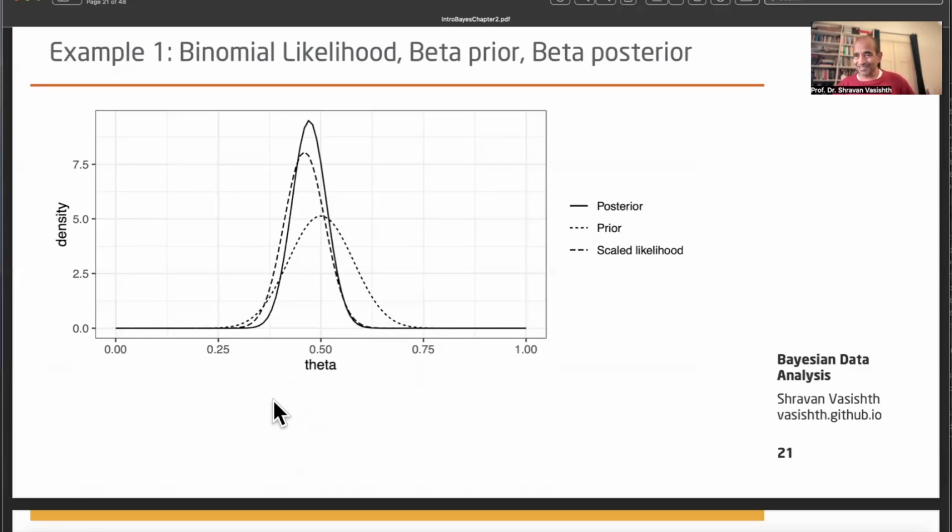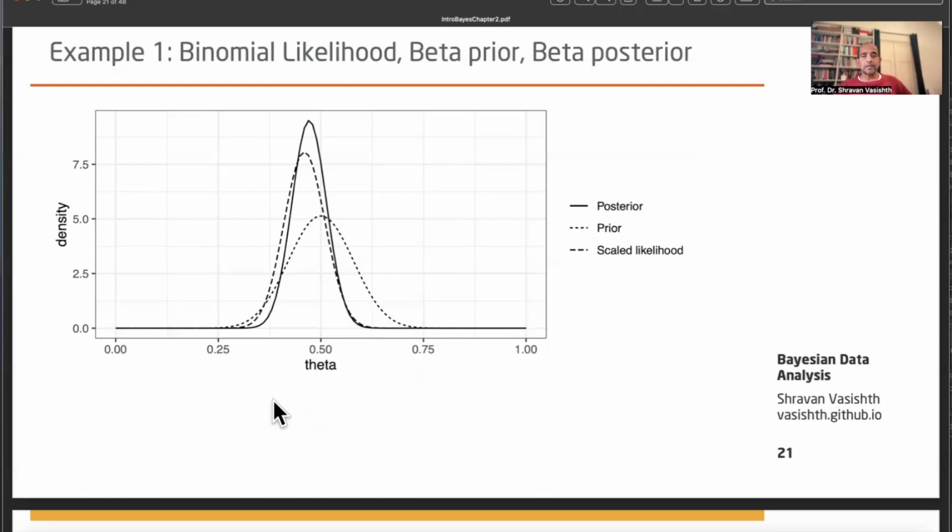Of course, there's a wrinkle here that I will explain later on, but this is an important idea to understand: the prior distribution is going to have an impact in determining the posterior to the extent that the prior distribution is informative. If the prior distribution is completely uninformative, then the posterior distribution of theta is going to look pretty much like the likelihood. So the less informative the prior, the closer the posterior will be to the likelihood, and the more informative the prior, the closer the posterior will be to the prior.